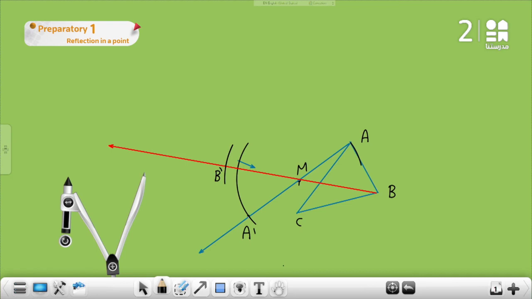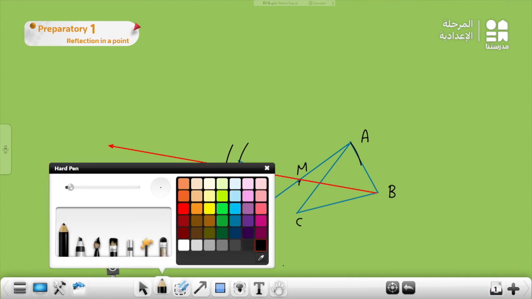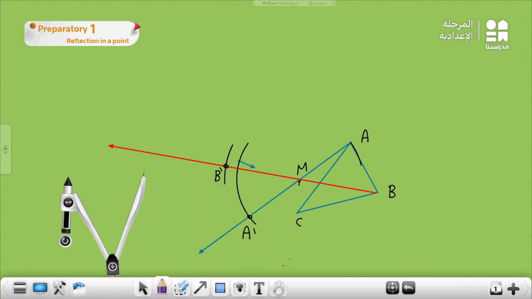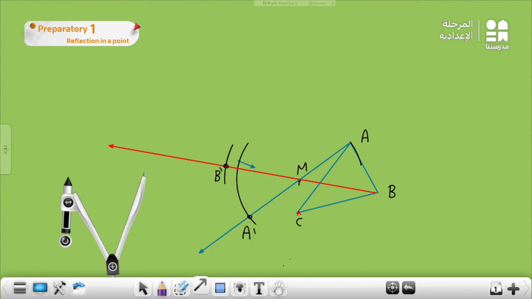So I have A dash, B dash. Then with a different color, purple, I'm going to draw a ray between C and M. So CM, and do the same.